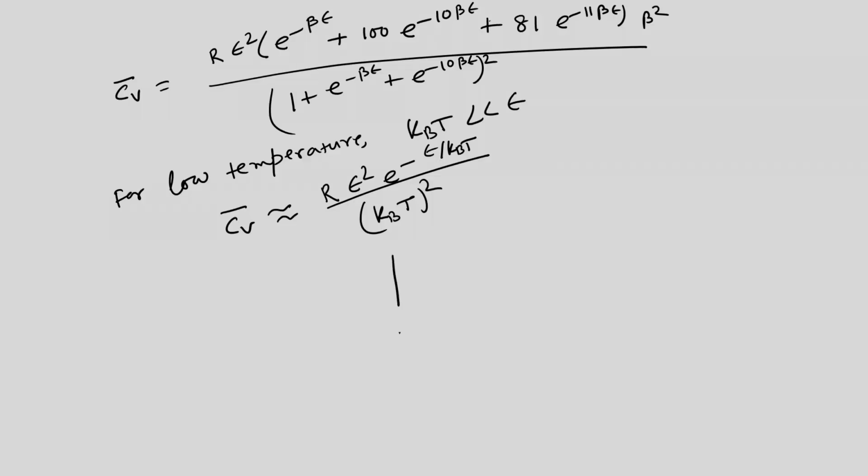So, if we plot now Cv bar versus temperature, absolute temperature, this expression of Cv bar at low temperature contains one decreasing function of temperature and another increasing function of temperature. Okay.